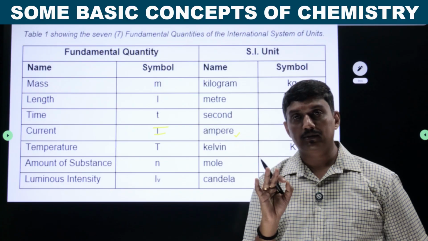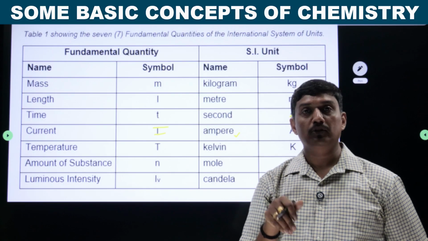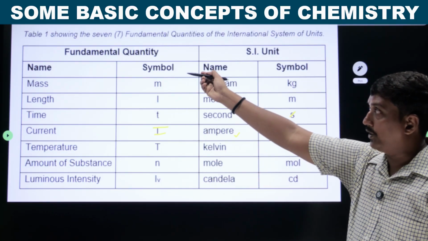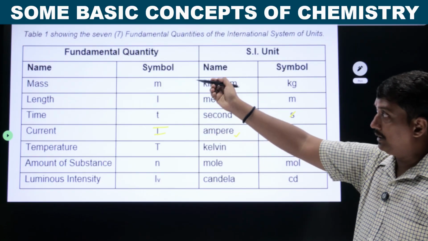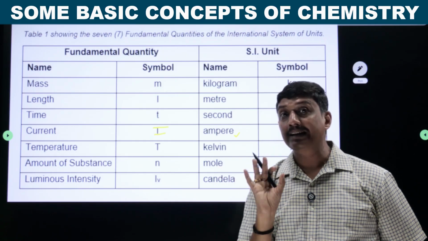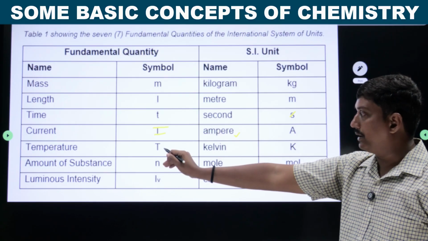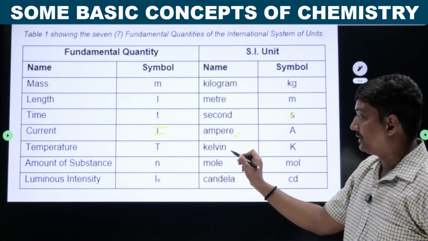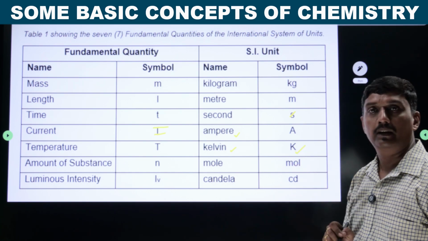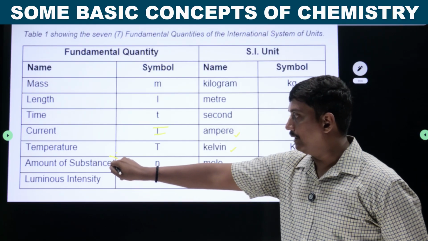With the help of units, you should know what is to be done and derivation should be made. So that's why these fundamental quantities and the derived units, everything should be known clearly. Temperature, capital letter T, is represented in Kelvin. Its symbol is capital letter K. This is very important.